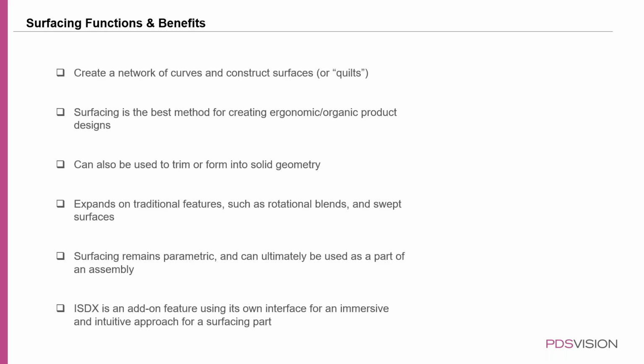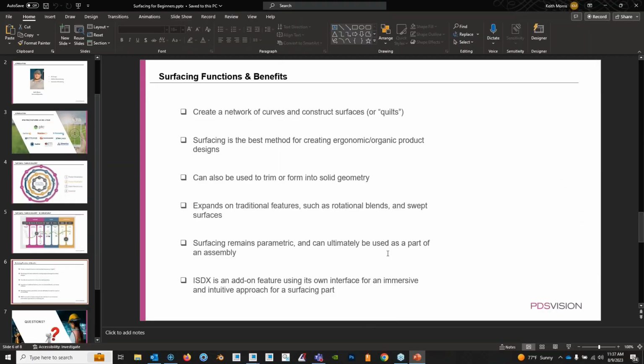ISDX is a tool that has its own interface, and it makes it a more immersive and intuitive approach for surfacing a part. So with that being said, I'm going to demo a series of exercises today that give you this introduction into surfacing. They'll all be fairly quick and simple.